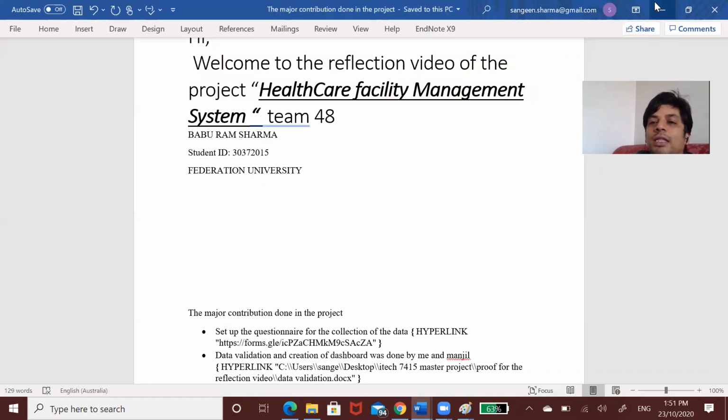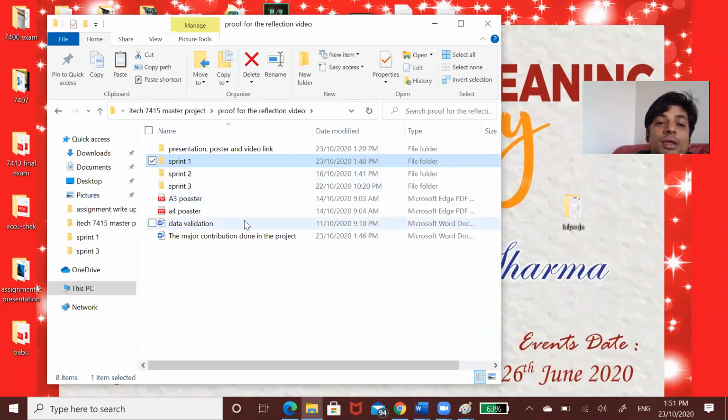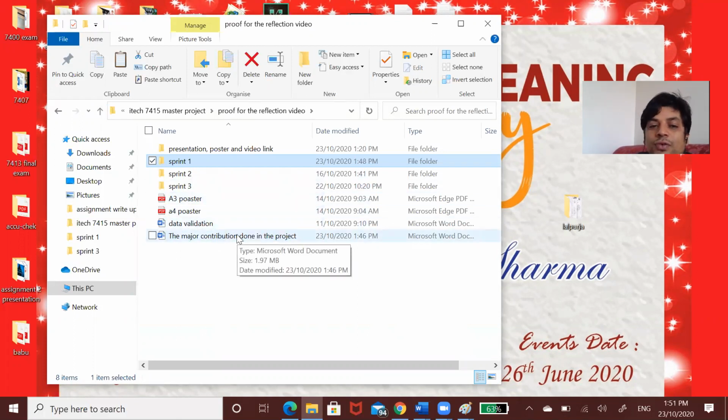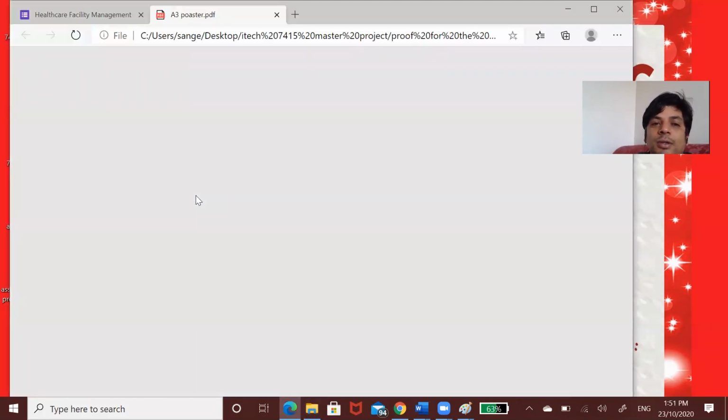And in the first sprint, I designed the Google form for the data collection, and data validation was done by me and Manjil Gaire. And I designed the posters.